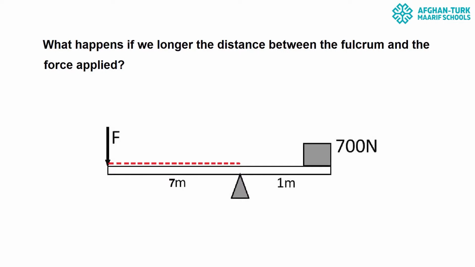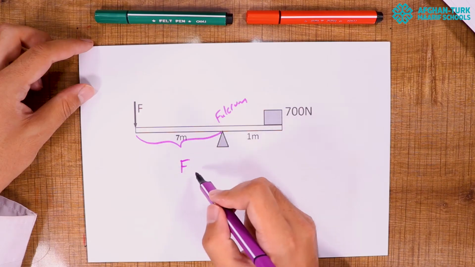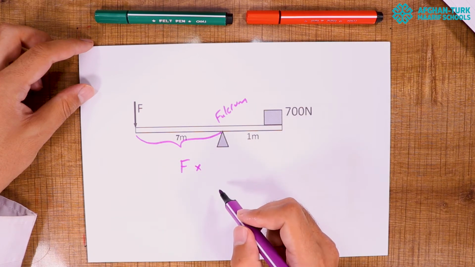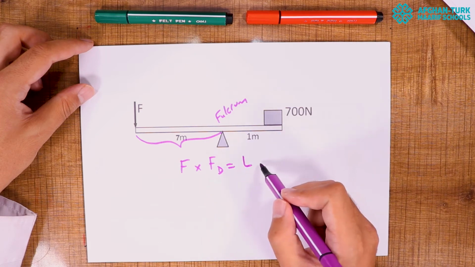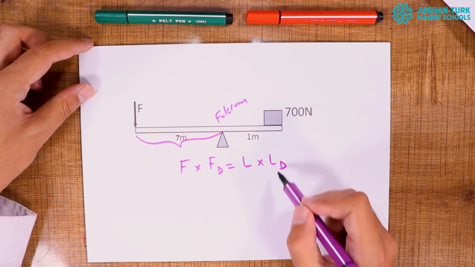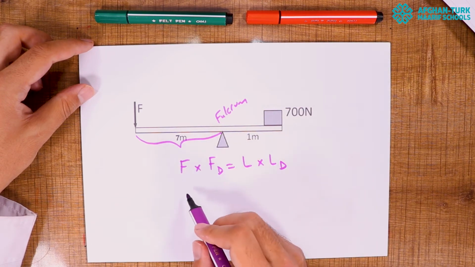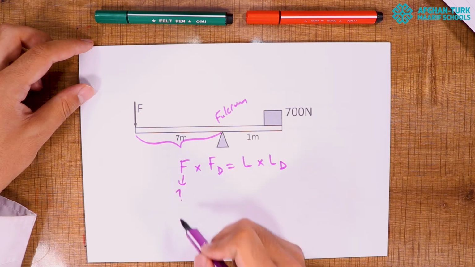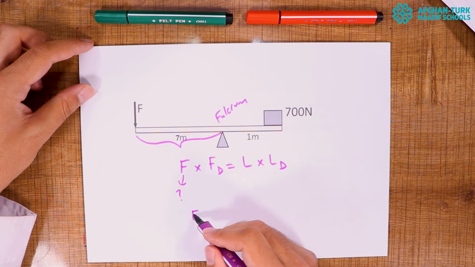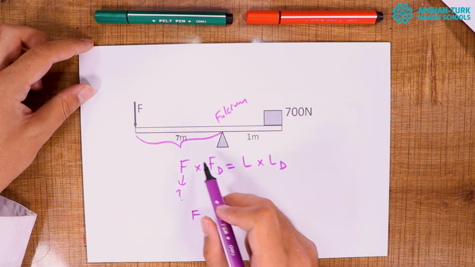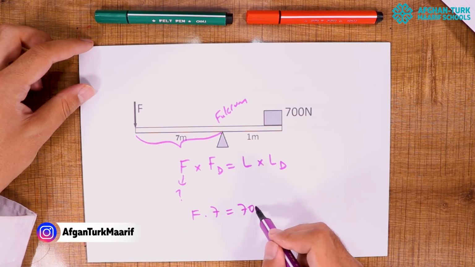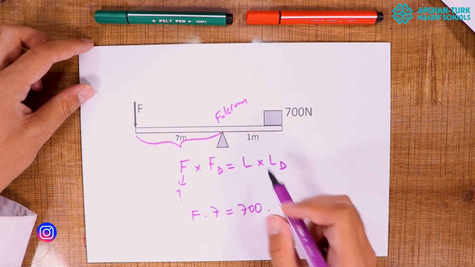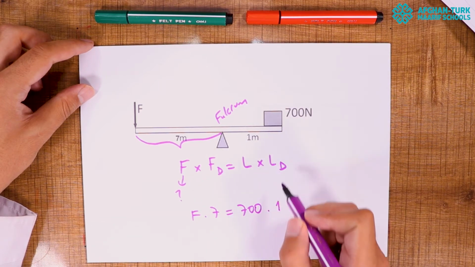What happens if we lengthen the distance from force to the fulcrum? Let's remember the formula. Force times force distance is equal to load times load distance. Again, I'm trying to find the force. So F times, what is the force distance here? 7 meter. So 7F is equal to 700 times 1 meter, this is the load distance.